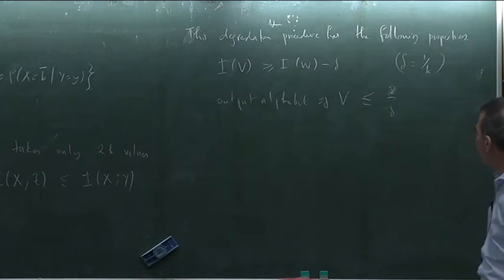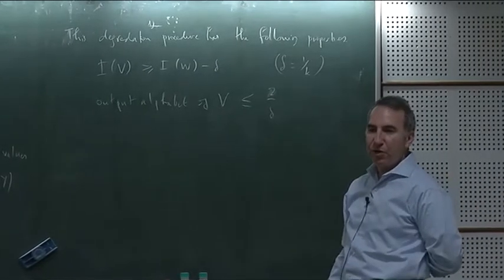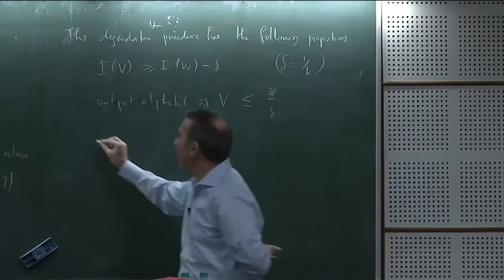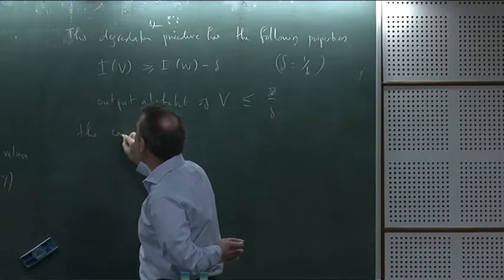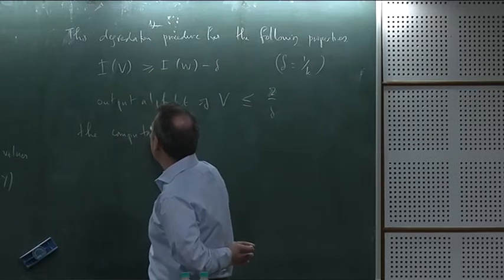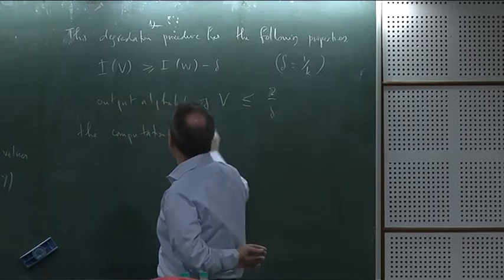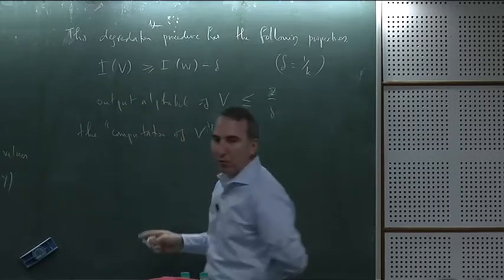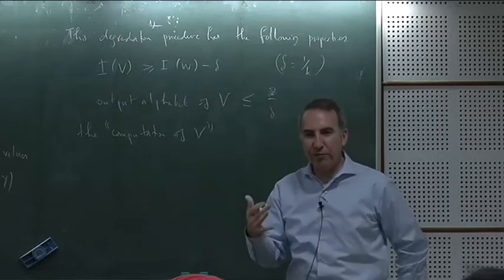And if you start from a W, the computation of V, how do I find out what this V is?